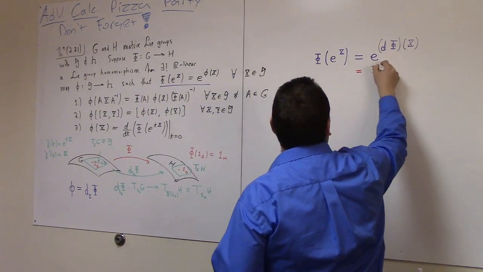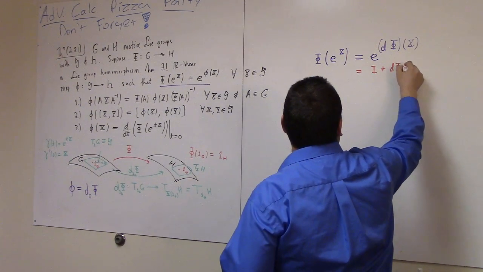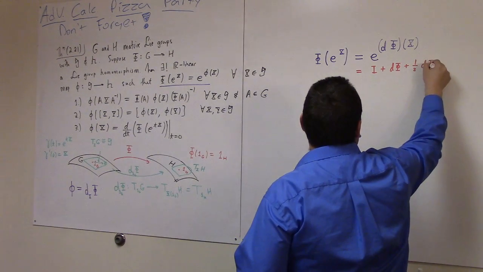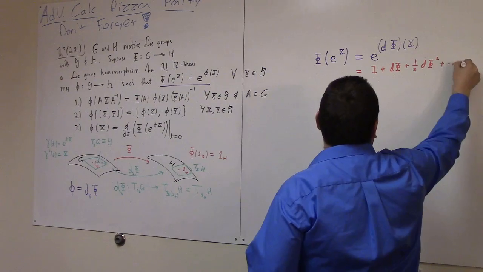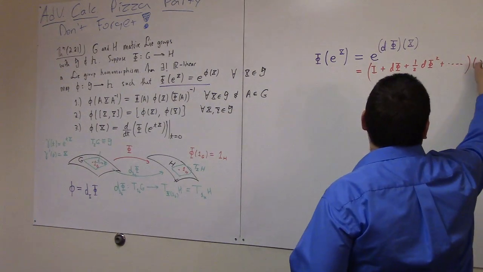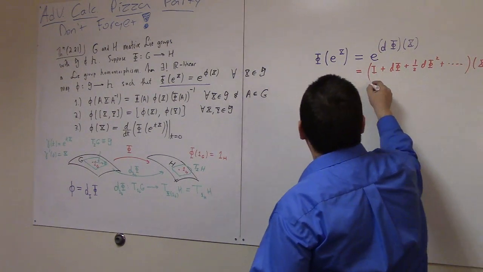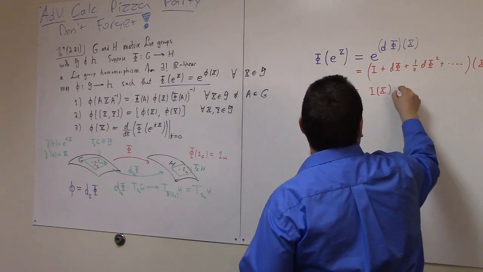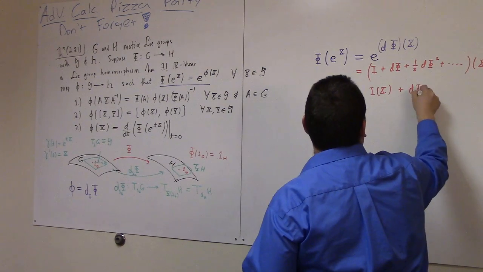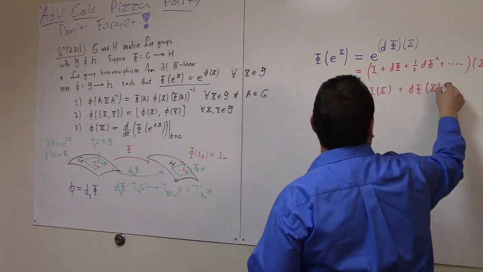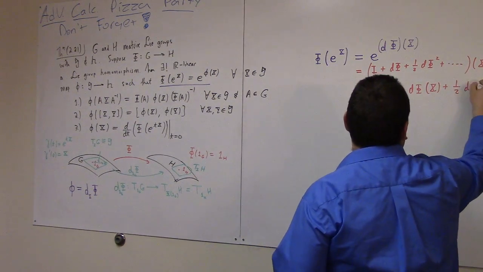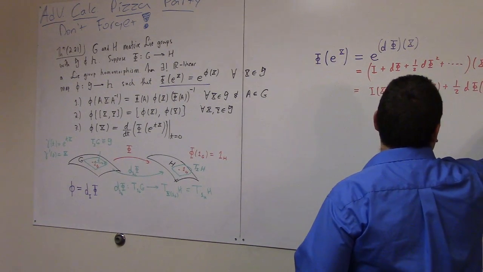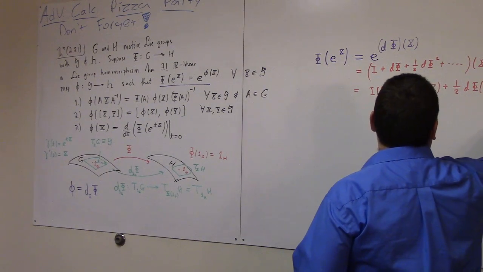This would be like the identity plus the differential of phi plus 1/2 the differential of phi squared plus and so on, acting on x. Which would be like I acting on x plus d phi acting on x plus 1/2 d phi of d phi acting on x, like that.